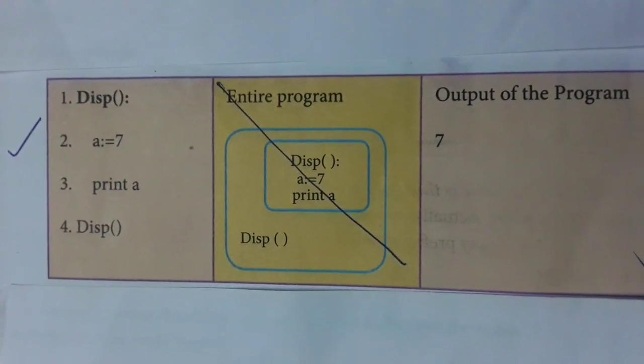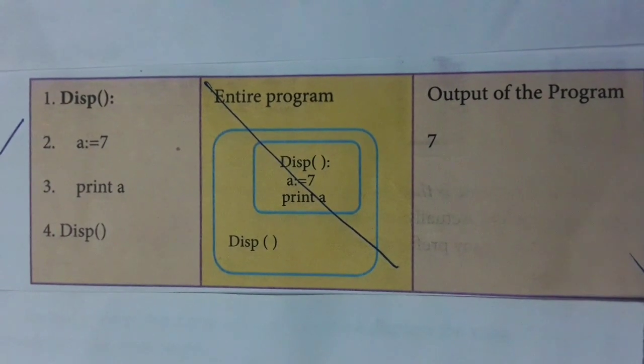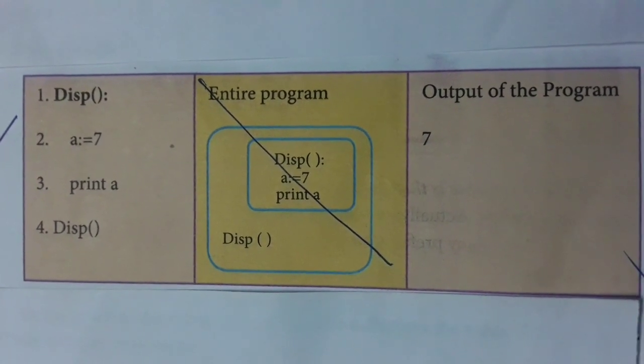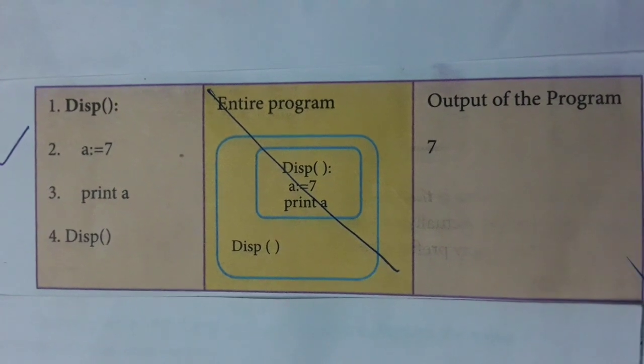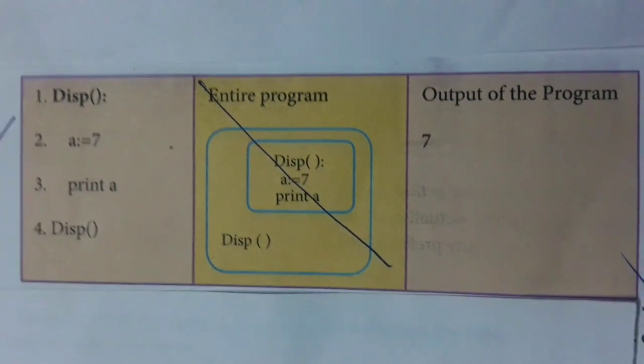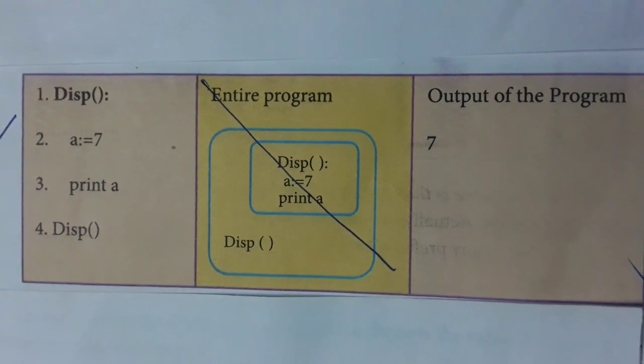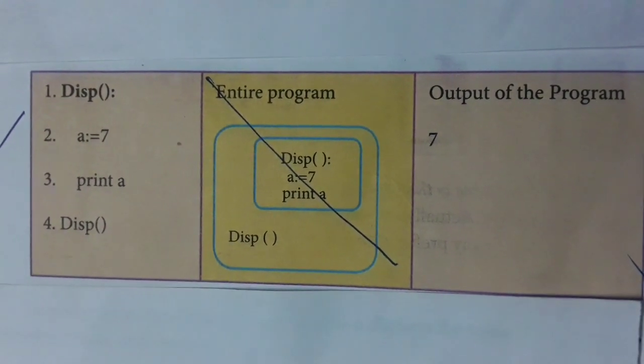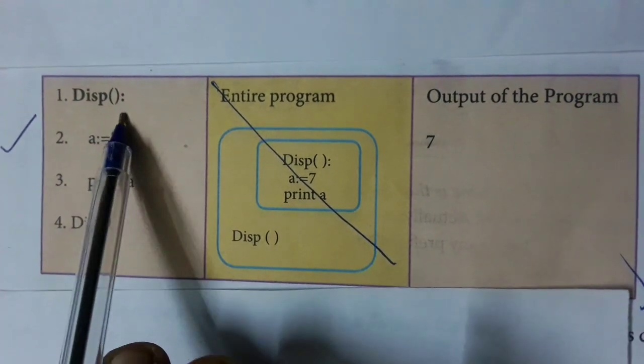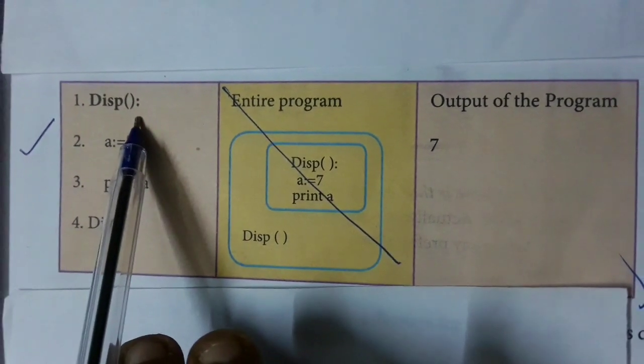We have seen the basic information about scoping and mapping. Now we will see the example programs for the four types of scope. First one is local scope. The example for local scope is this: this is the name of the function, the disp function.